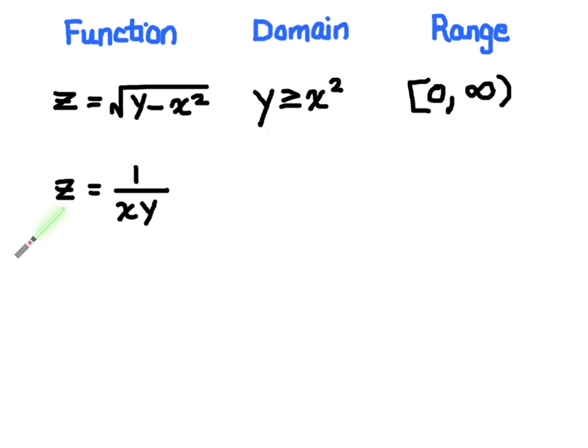Here we have another function z, which is equal to 1 over x times y. In this case, our domain is that x times y cannot equal 0. Otherwise, we'll have a divide by 0 error. And the limit on the range is that z can go from negative infinity to 0, not including 0. It will never equal 0.